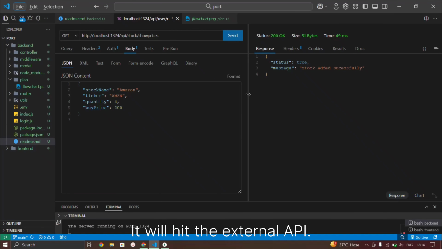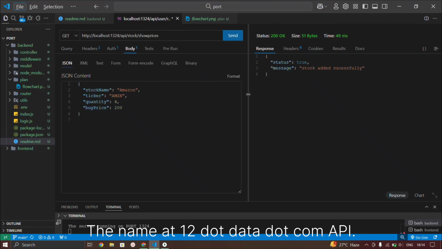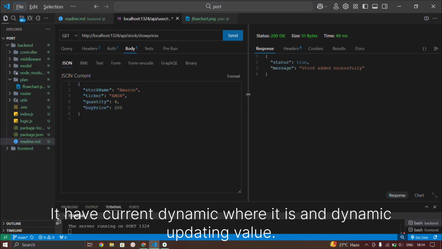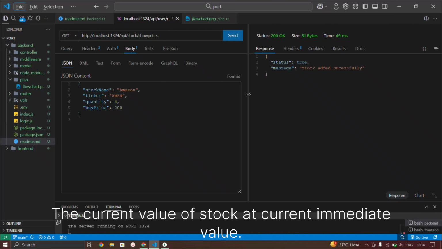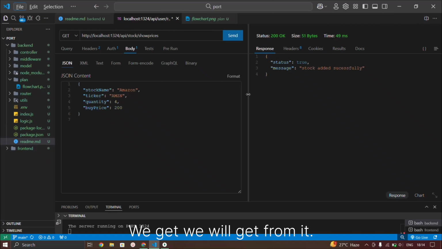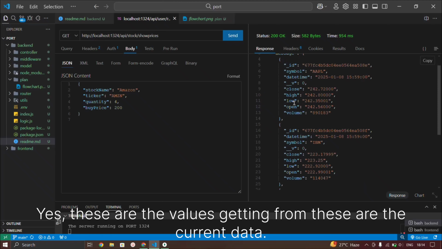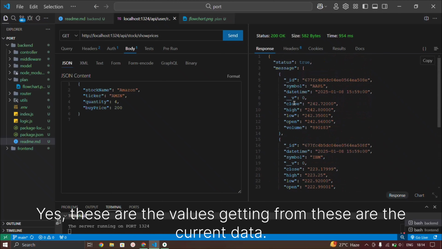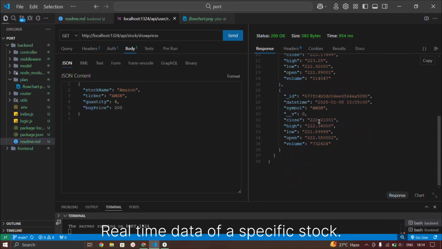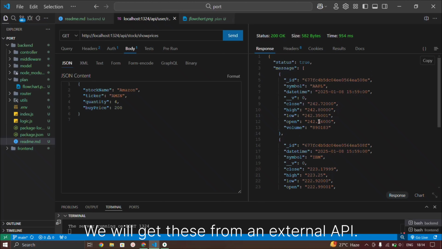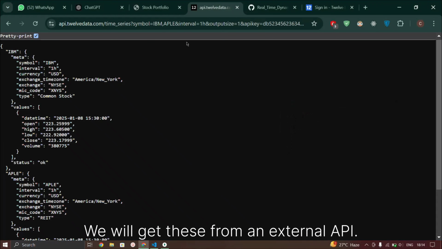It will hit an external API, the Twelve Data API. It has the current dynamic value, a dynamically updating value. The current value of the stock at the current minute we will get from it. Enter. Yes, these are the current real-time data of a specific stock. We get these from an external API.